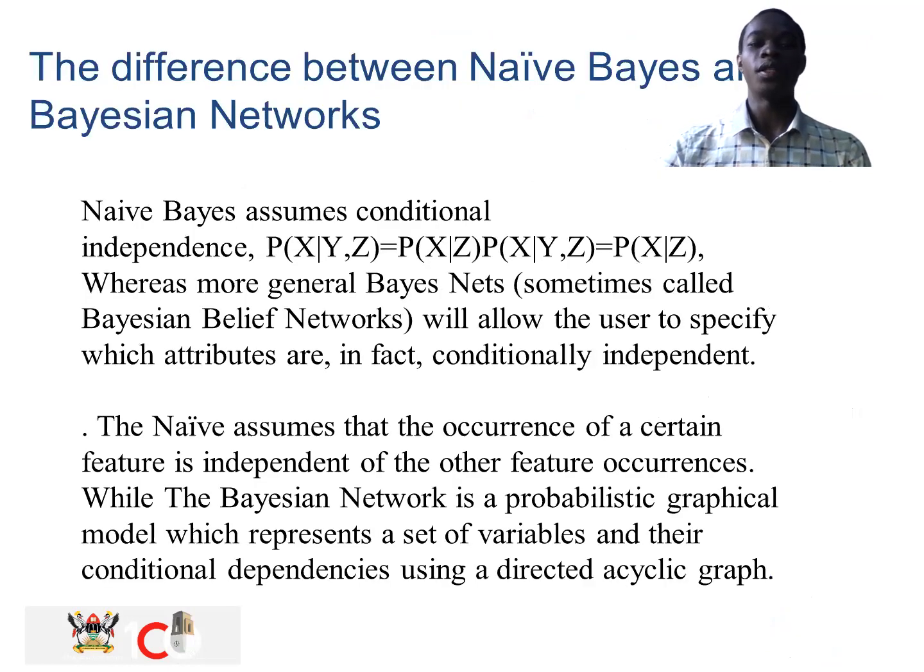And then you have the difference between the naive Bayes and the Bayesian network. Now, naive Bayes assumes a conditional probability. Z stands for the prior probability, that's the probability before the condition. The value of X given Y, and the value of X is the probability before the condition.